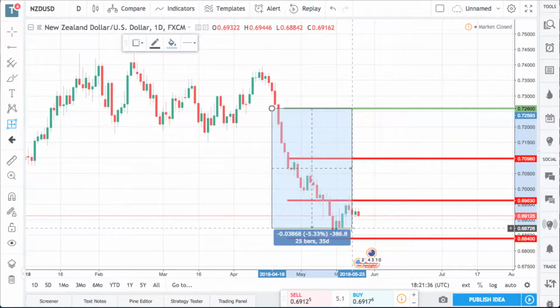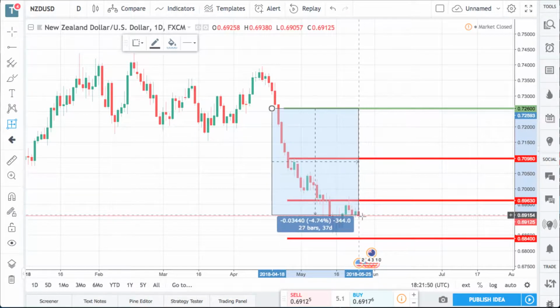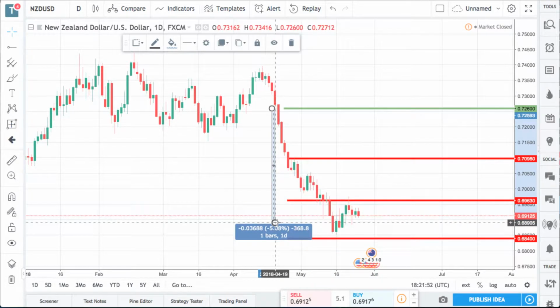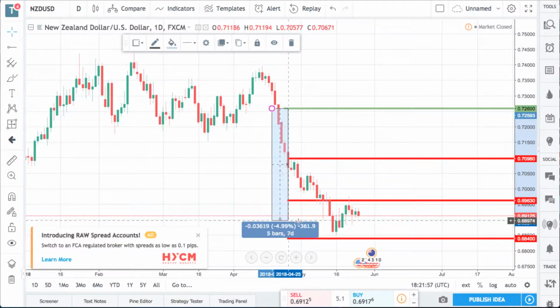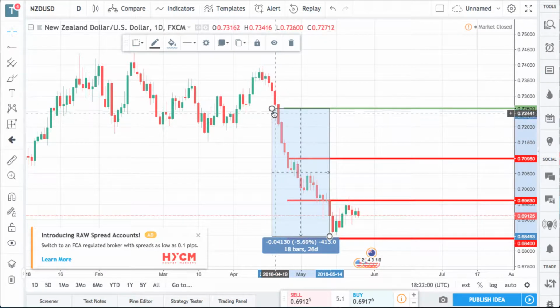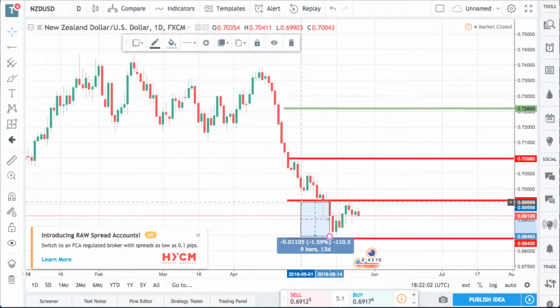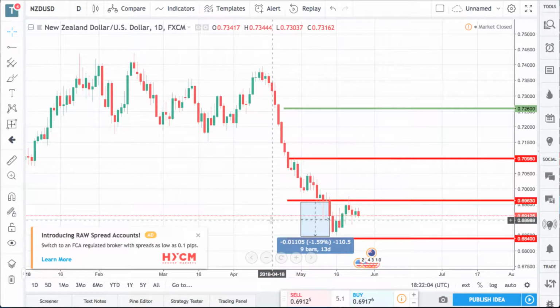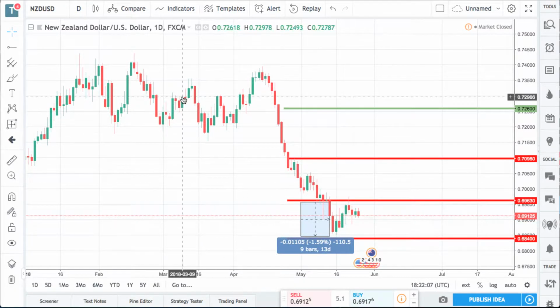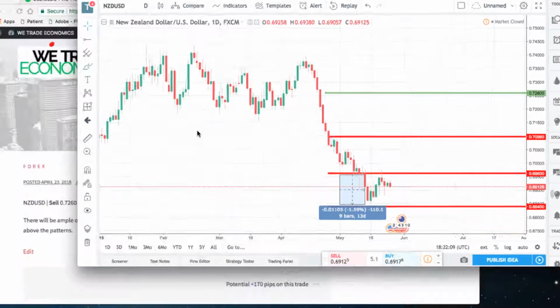So with a target number of pips of being 450, I very easily took out almost about 800 pips already in this trade, and I'm still looking for a short entry to target this area. So anyone who's watching this video, if you have, let's say, a potential 110 pips for taking, so let's see where that goes. That's New Zealand dollar.